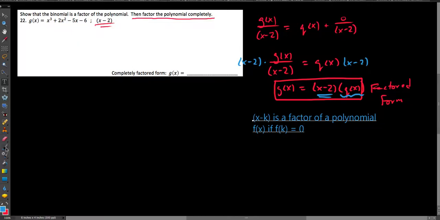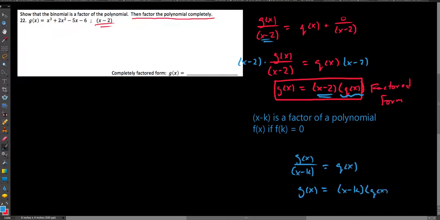But in essence, if x minus k is a factor, like x minus 2 was a factor, then I'm going to get a quotient with no remainder, and generally speaking, g of x is really equal to x minus k times the quotient that I got left over once I divided that out.